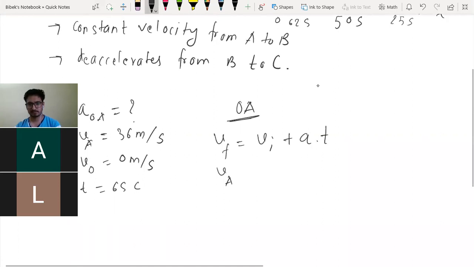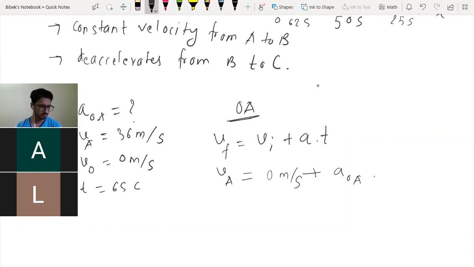Your initial velocity was 0 meters per second. So that's VO, plus the acceleration, which is what you need to find, times the time, which is 62 seconds. Let me just write time for now.